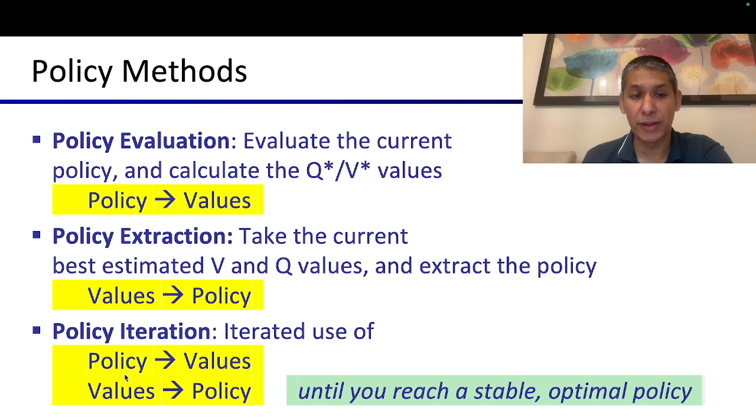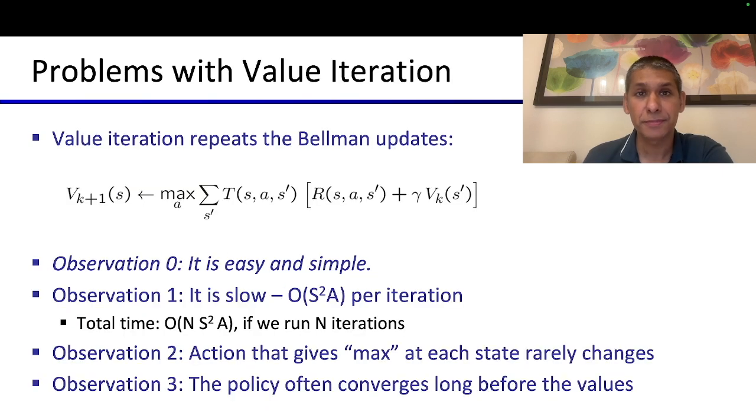That means we fix a policy, come up with the values, take those values, come up with a new policy, and keep doing the same thing. So those are the 3 key parts: policy evaluation, policy extraction, policy iteration. Let's dive into all 3 of them here.